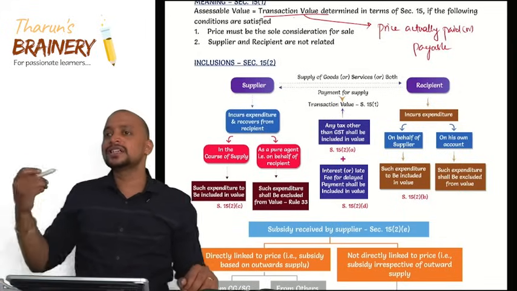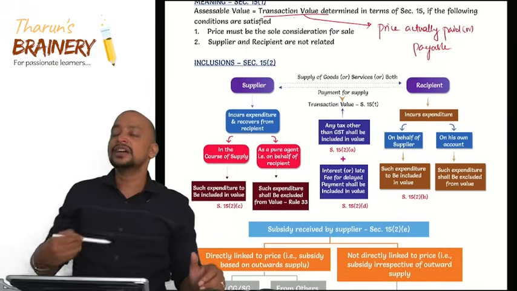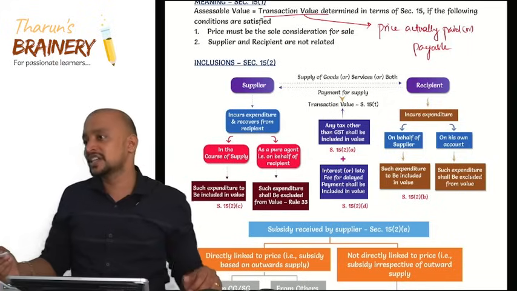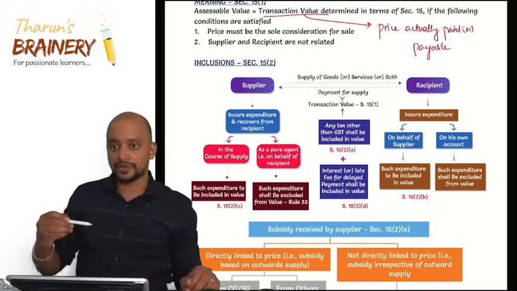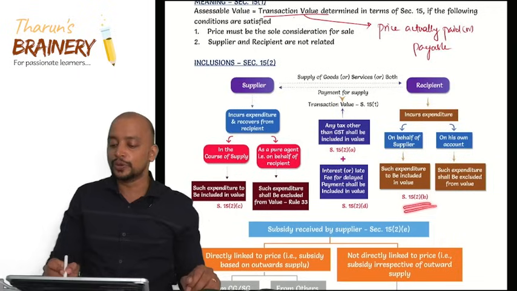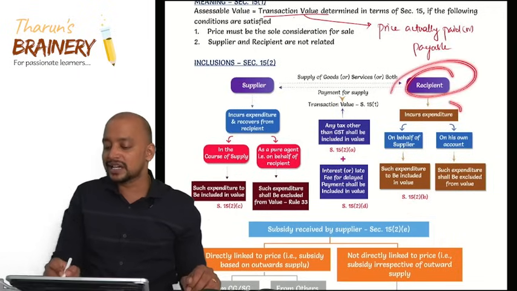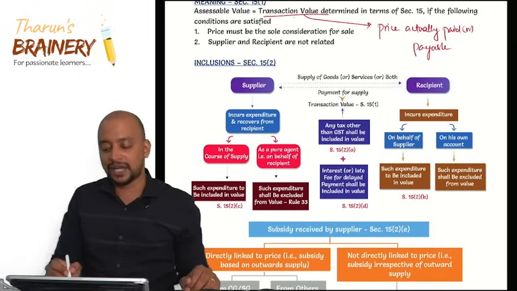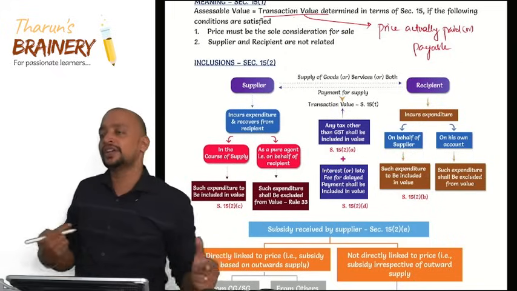So, therefore, the client incurring the travel and accommodation expenses on behalf of the chartered accountant will be included in the value of the chartered accountant as per 15(2)(b). So, that is, if the recipient incurs the expenditure on behalf of the supplier, such expenditure shall be included in the value.